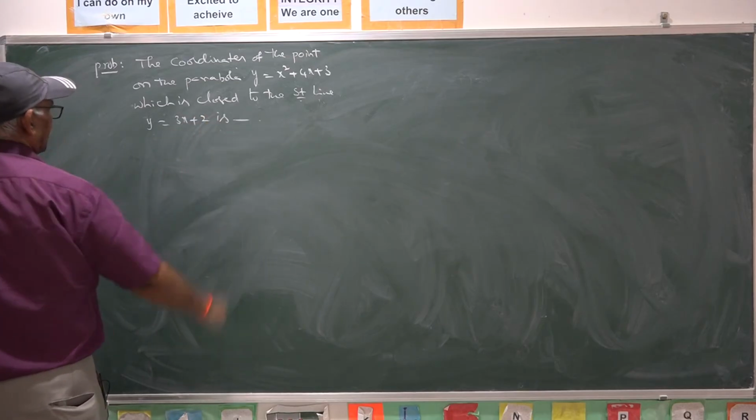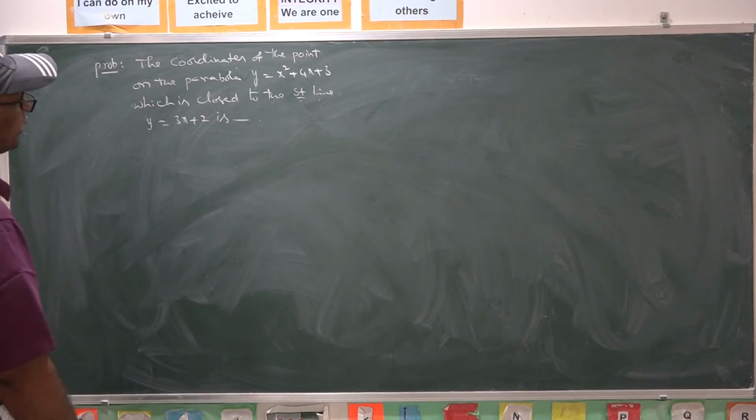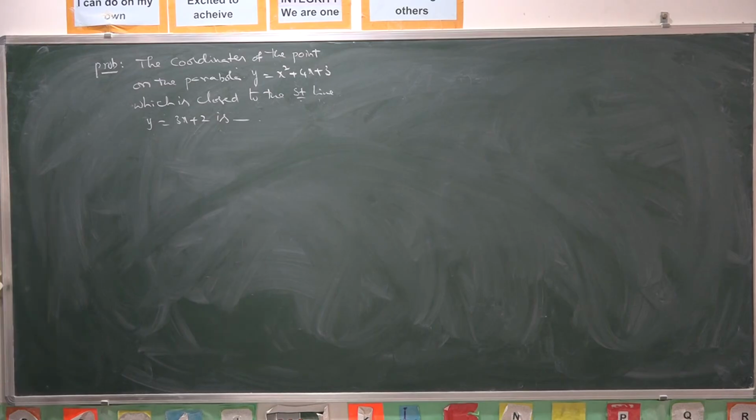That is, the coordinates of the point on the parabola which is closest to the straight line.